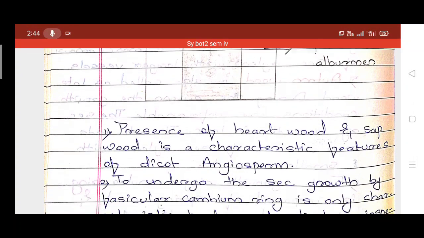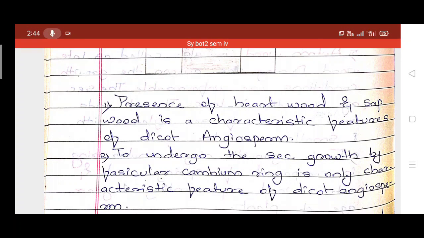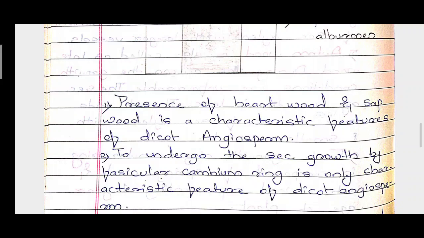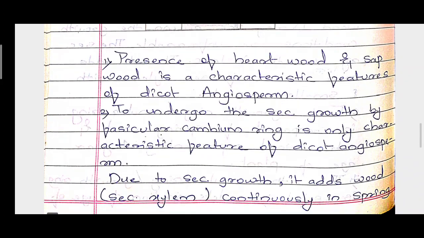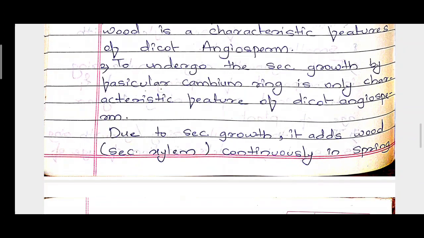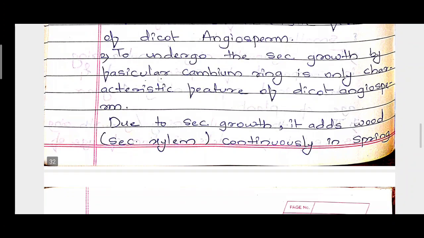This is the structure, and I also provide the picture of this hardwood and sapwood. So you have to note in the short notes that hardwood and sapwood are mostly found in, and are characteristic of, the dicot angiosperm.